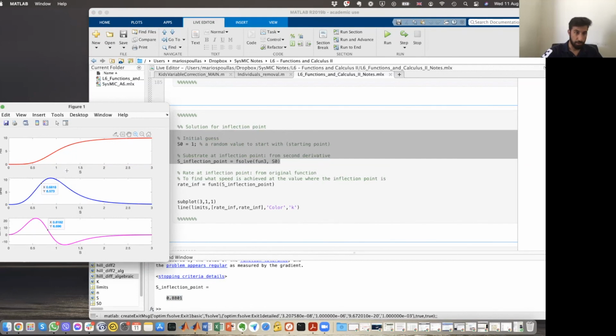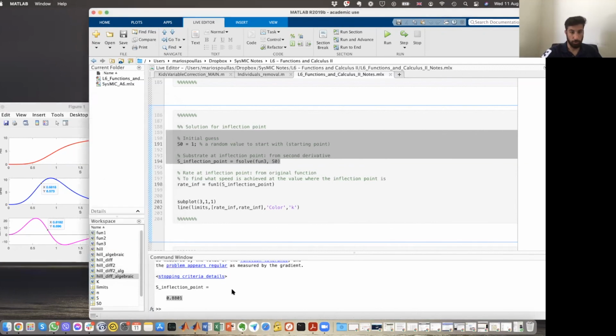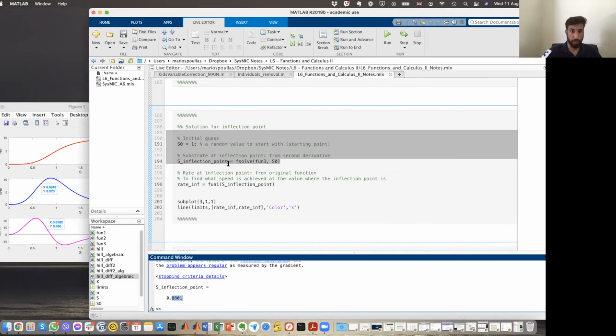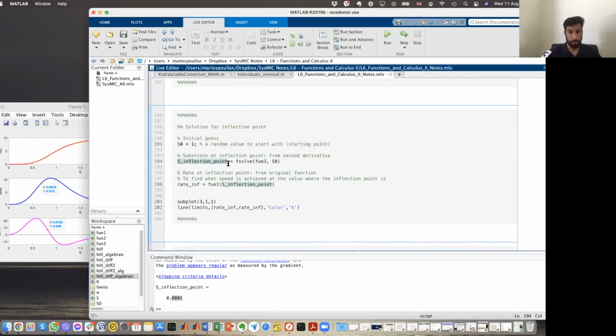We cannot see it like this, but anyway, the inflection point can be seen here a bit before 1, which is basically 0.88, which is what we've found by solving against this.